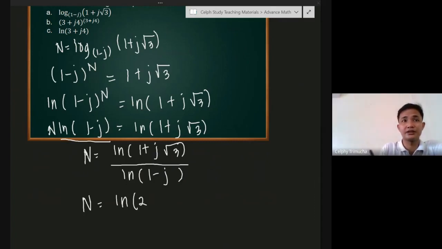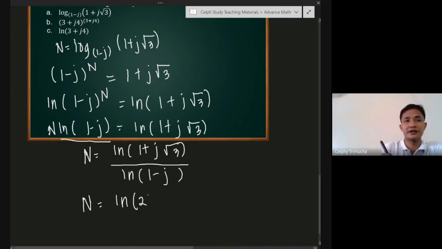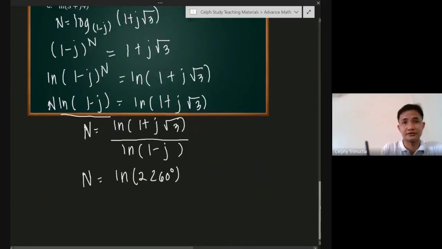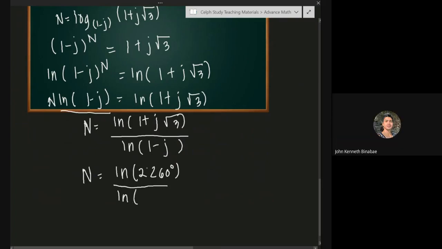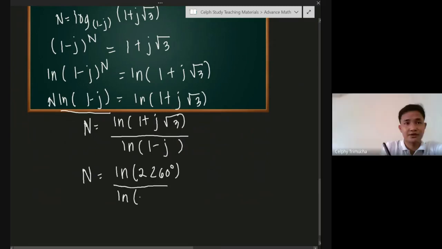Square root of 3, so 1 and square root of 3, so we have angle 60 degrees. All over 1 minus j. Ilan siyang 1 minus j? Square root of 2 angle negative 45 degrees.